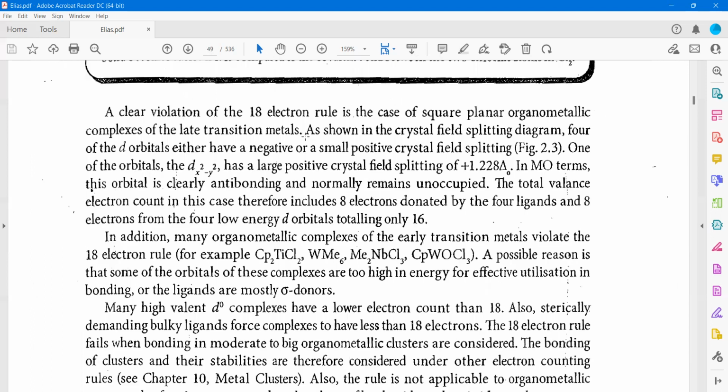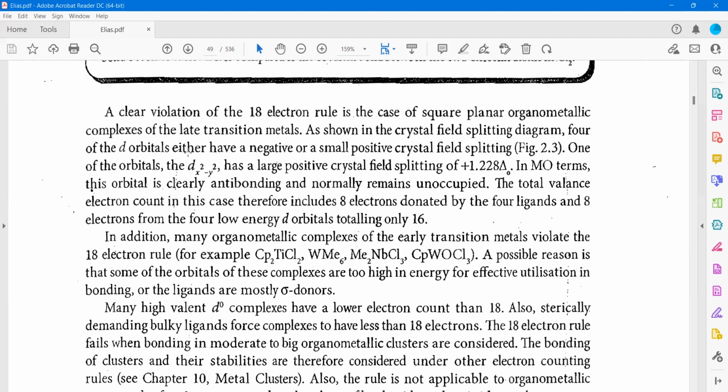A clear violation of the 18 electron rule is the case of the square planar organometallic complexes of the late transition metals. So the square planar complexes don't show the 18 electron rule. As shown in the crystal field splitting parameters, 4 of the d orbitals have either a negative or a small positive crystal field splitting, figure 2.3.